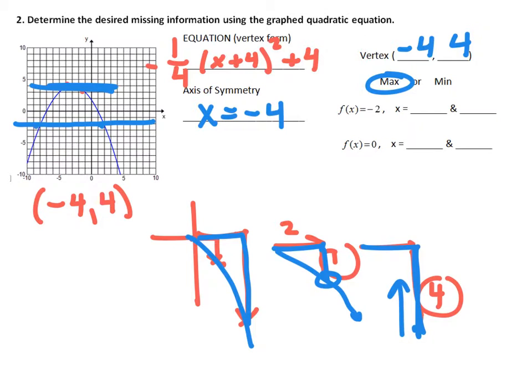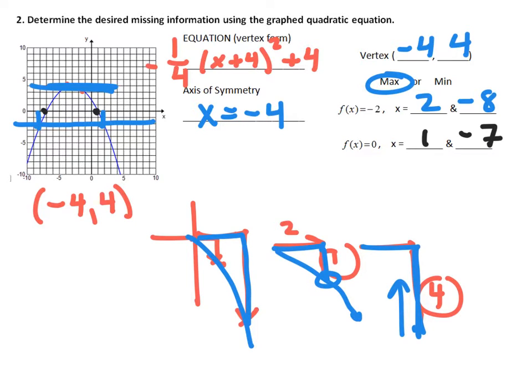So when is the function there at -2? Well, at 2 is one of the times, and the other time looks like at -8. So here at 2 and here at -8. When's it at 0? It's at 0 at 1, and it's at 0 at, looks like, -7.